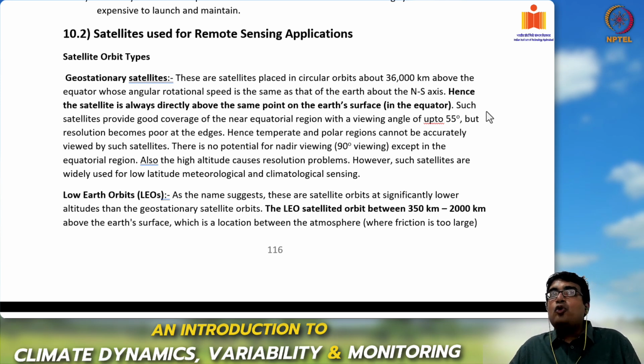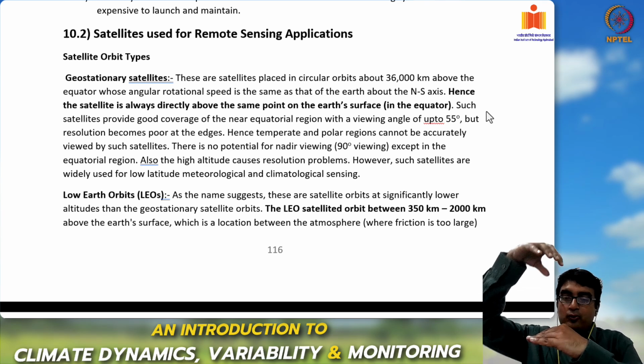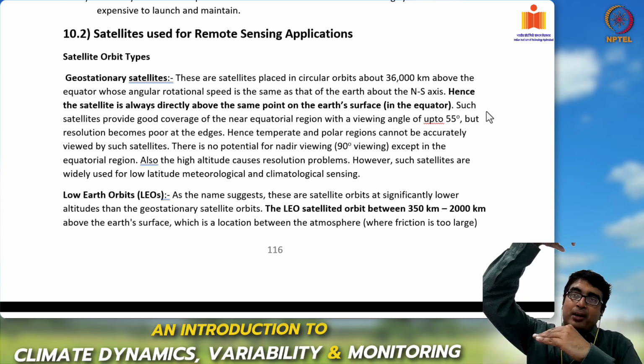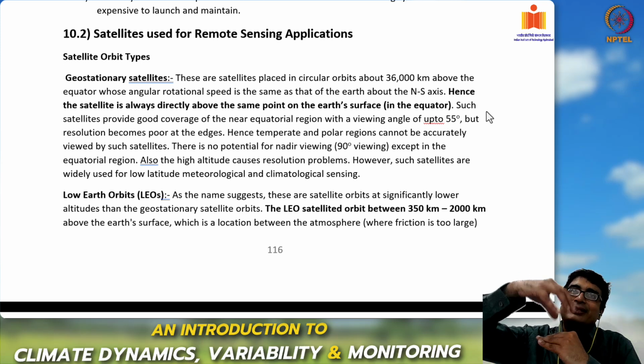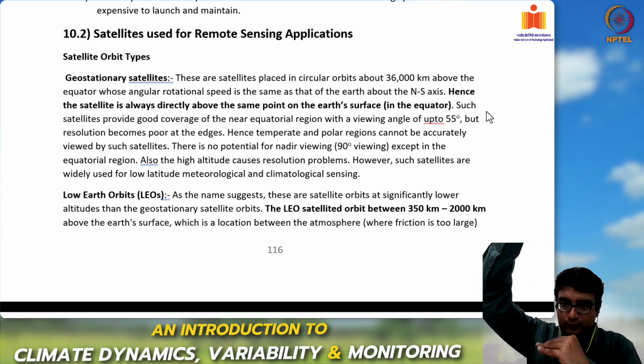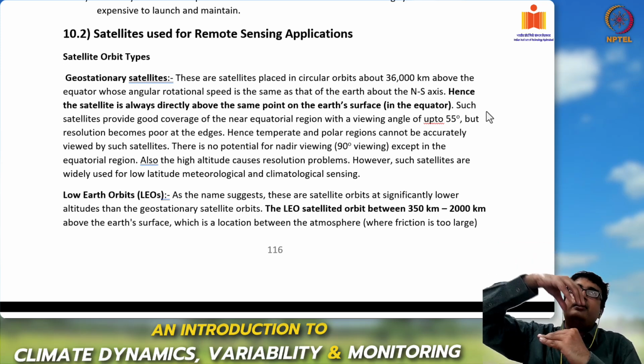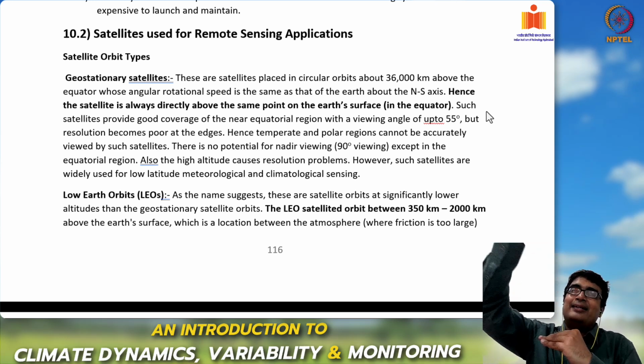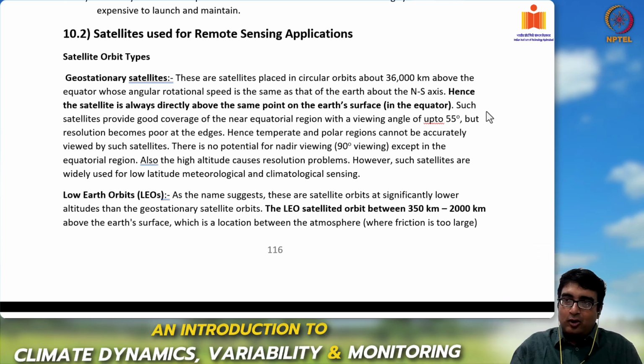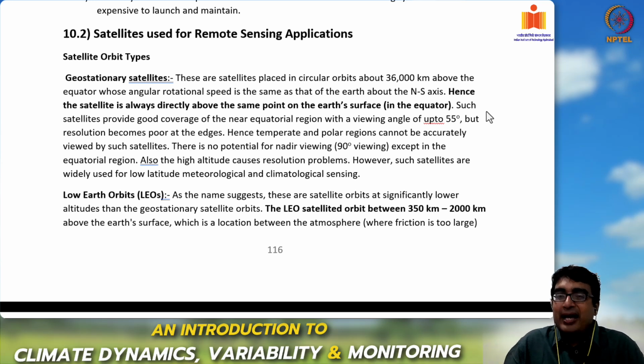Furthermore, there is no potential for nadir viewing. Nadir viewing is when the satellite is directly above the ground locus, the sub-satellite point, and is viewing that point at the normal. Any other point connecting the satellite to the ground will be at an oblique angle with respect to the local ground normal, so those are inclined viewing.